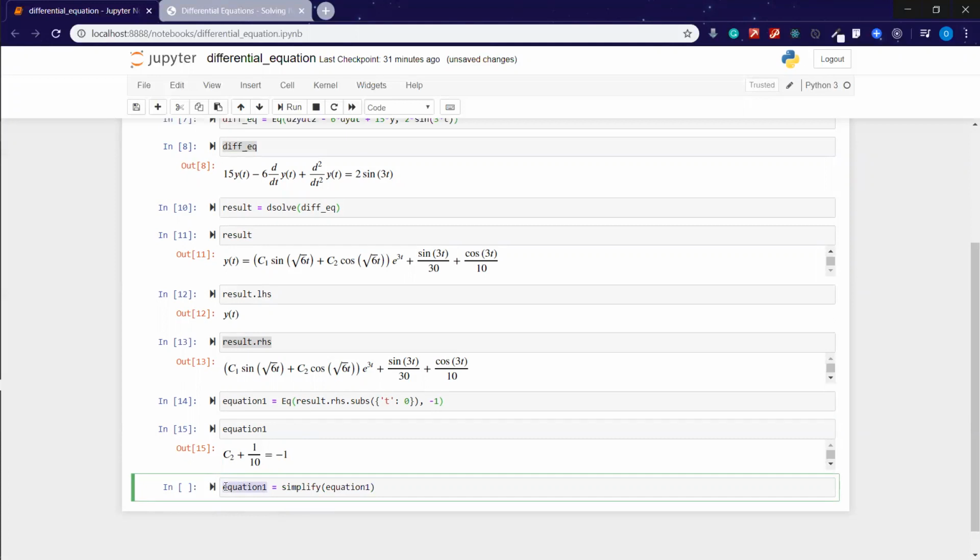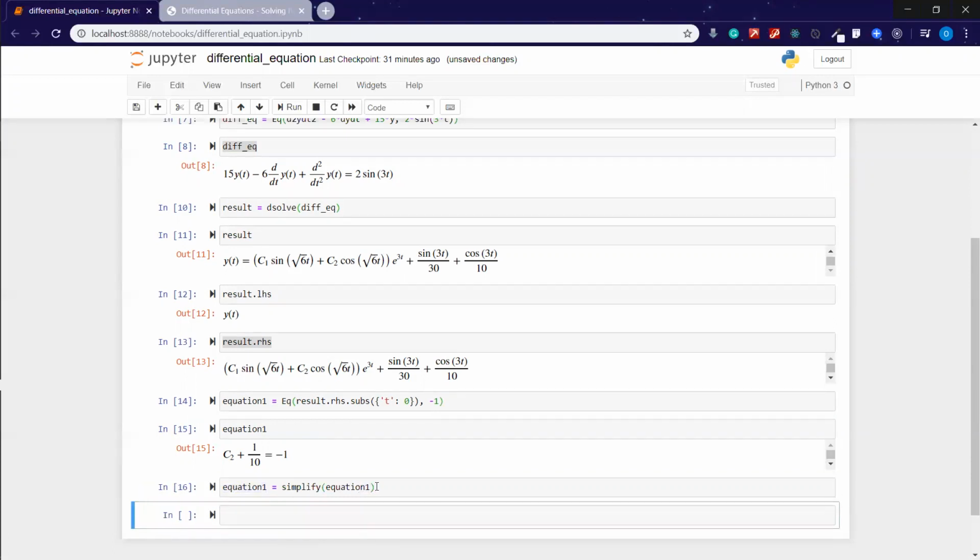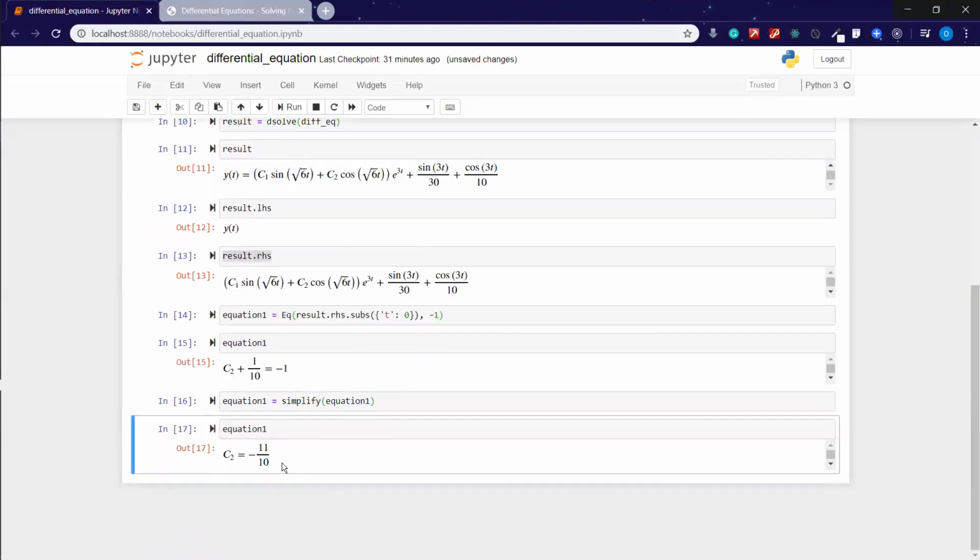So that means we are trying to change the value of equation 1 to a better form. So let's run it and let's see what we have. So you see now that equation 1 has been simplified and we have a value for C2, which is minus 11 divided by 10. All right.